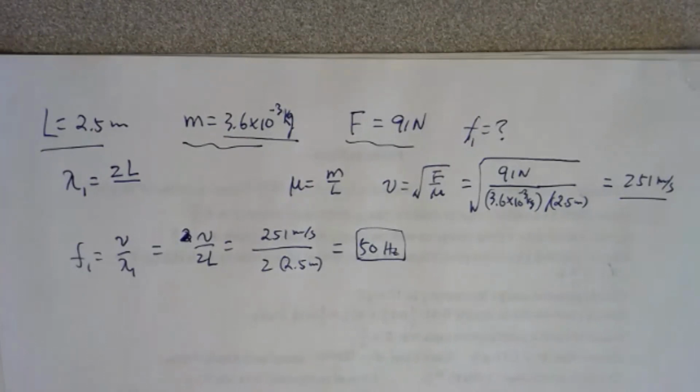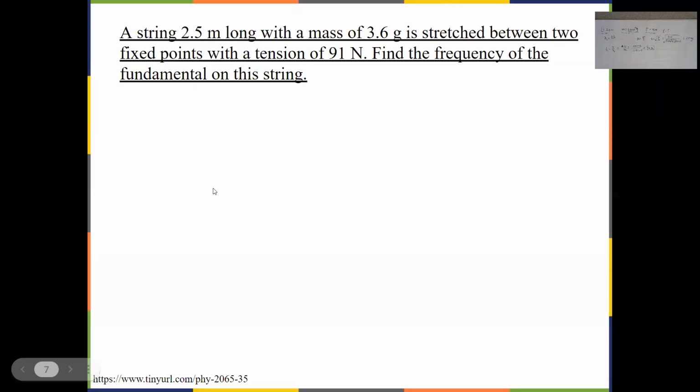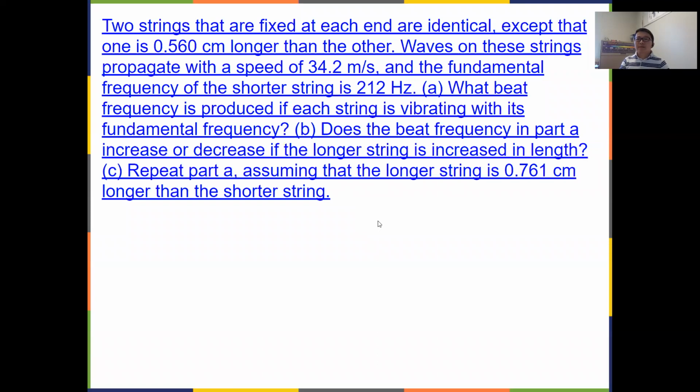So let's go back to the PowerPoint slide. Okay, let's take a look at a second example here. This one says you have two strings fixed at each end that are identical, except that one is a little bit longer than the other, by 0.560 centimeter.